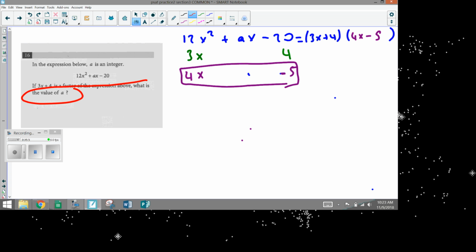Distribute, so it will make more sense, because when you multiply two x's you're going to get x squared. So that'll match. Okay, let's get started. 3x times 4x, 12x squared. 3x times negative 5, negative 15x. Then 4 times 4x.